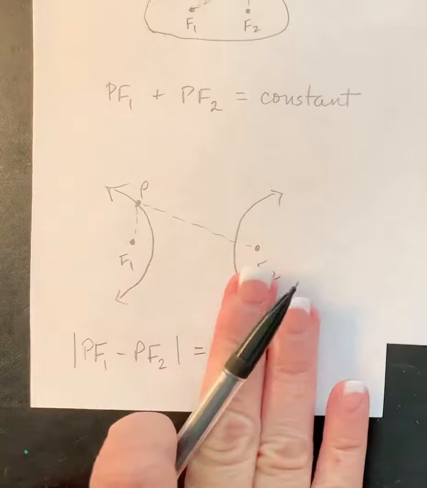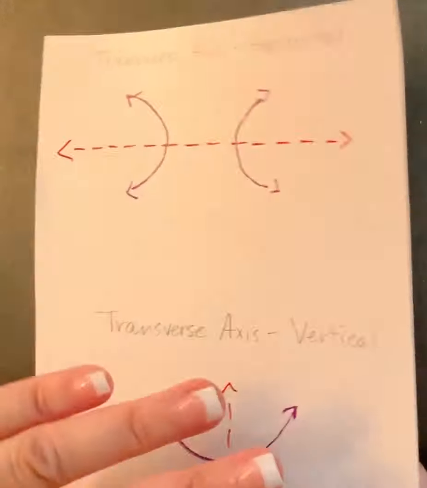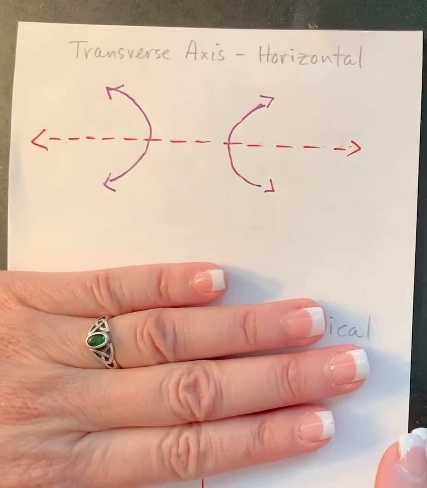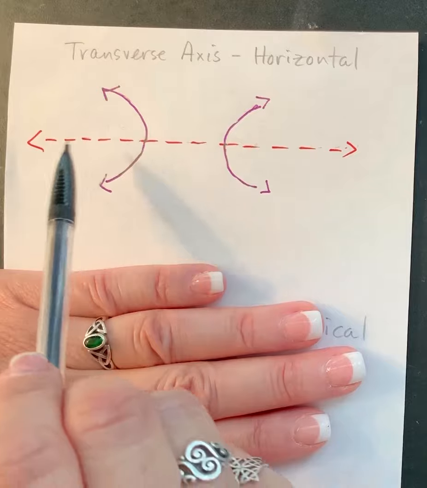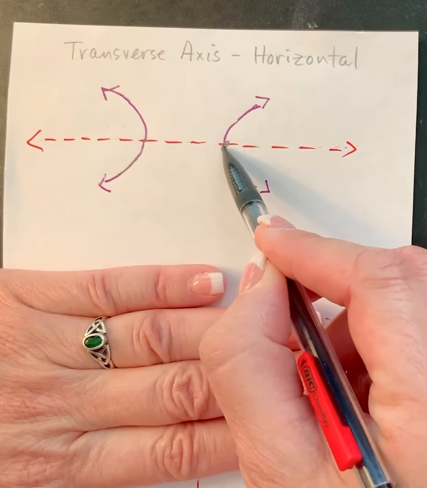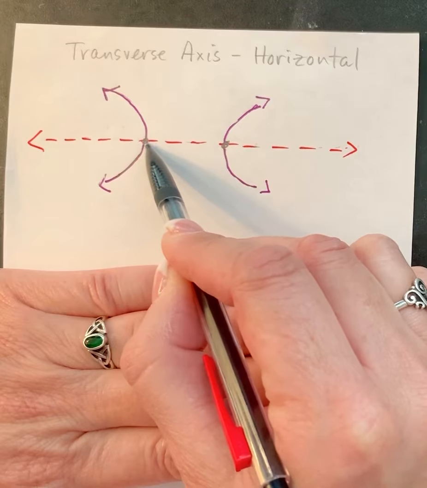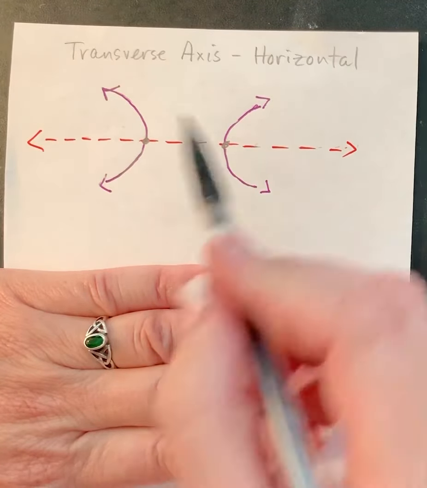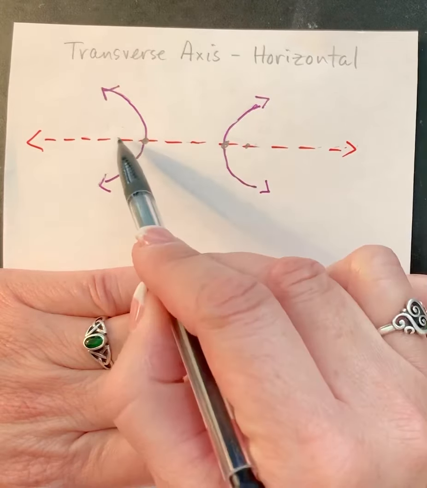All right, now there are two ways our basic hyperbolas are going to go. They can go where the transverse axis is horizontal. The vertices are here and here, and they are on the transverse axis, and so are the foci.